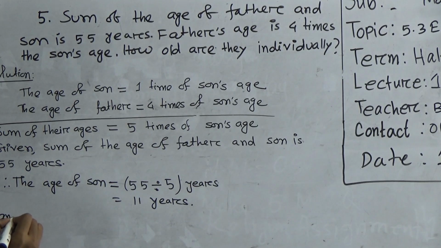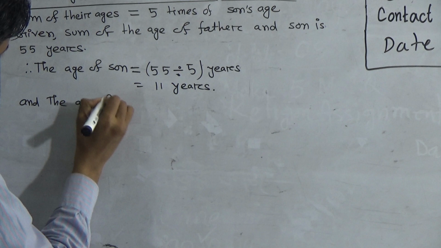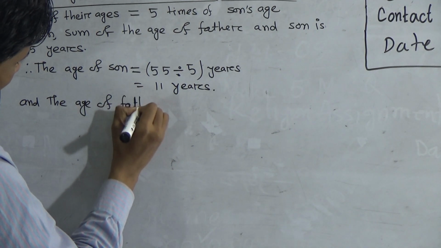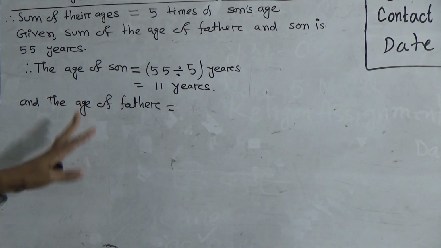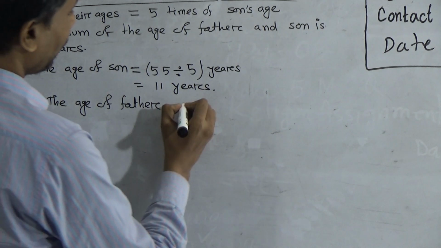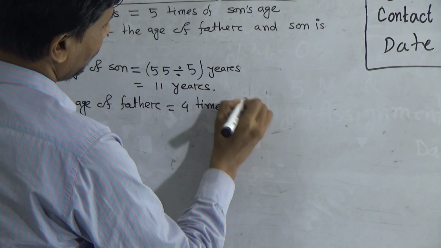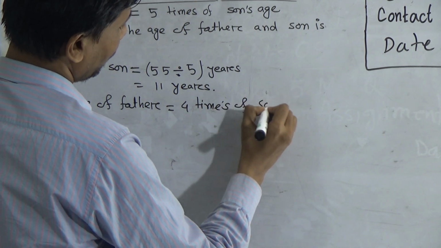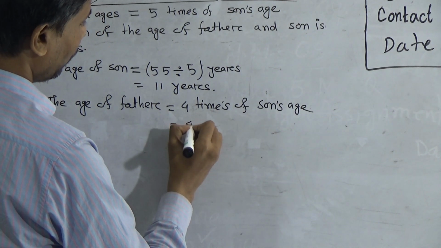And the age of father equal to what? 4 times. Father's age is 4 times the son's. That means 4 times of son's age. That means what? 4 into 11.